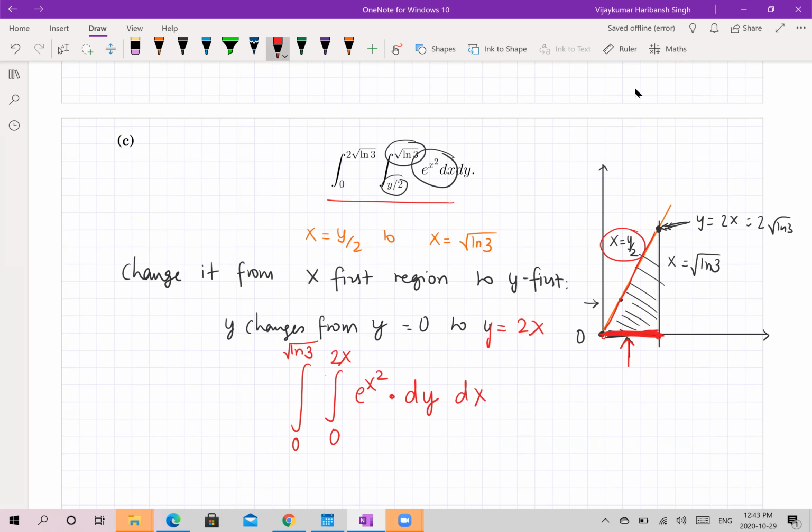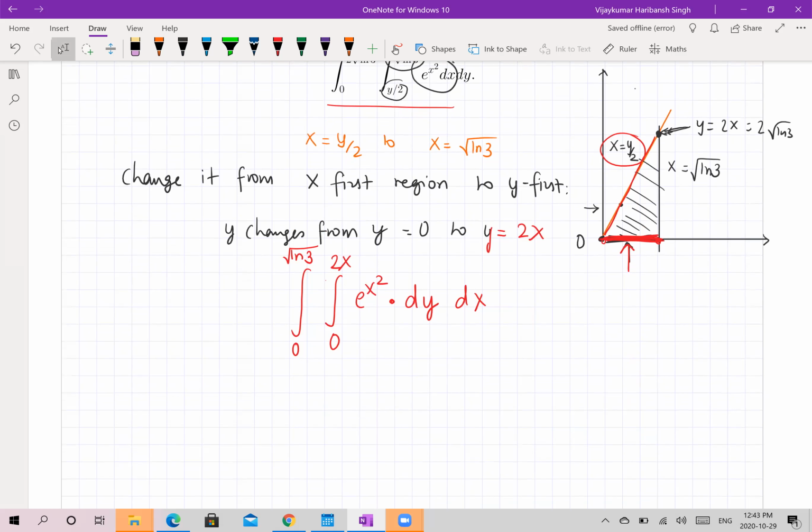You will say, why did you change the region? First of all, with respect to x, there was no hope. You couldn't have taken the elementary antiderivative, and so the integration using the antiderivative method would have fallen flat, right? Now when we change with respect to y, let's see.